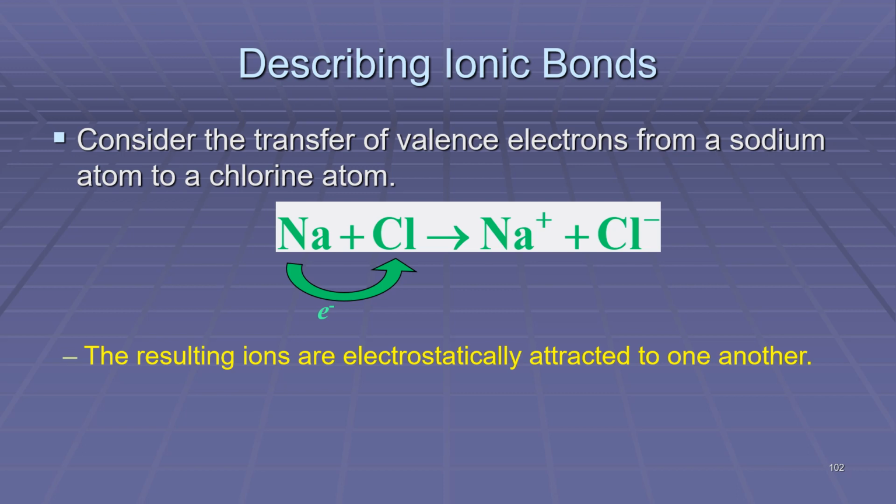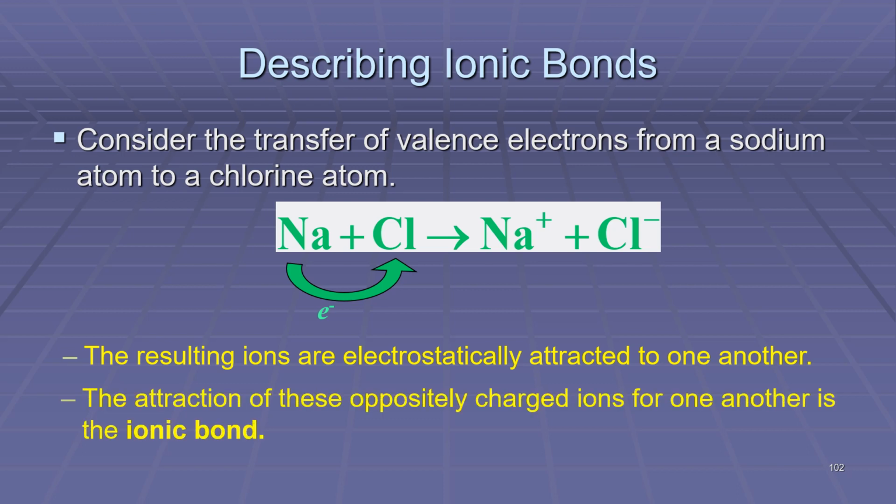This step requires energy, but because these ions are attracted to each other, that's where we give off energy. When they are attracted to each other and form a bond, we call that an ionic bond.